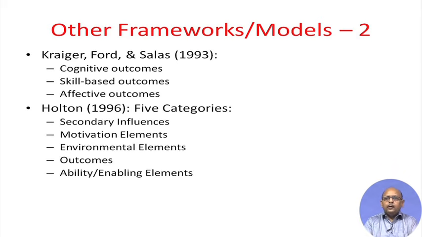And then outcomes, what is the outcome of the training in terms of improving the behavior and the performance. And then at the end, you also identify the enabling elements. What are the factors which helped these people to improve their behavior and performance? That is post training. So, post training, whether the resource, environment and support is available, which enable people to apply their knowledge and skill on the job and translate into performance or not.